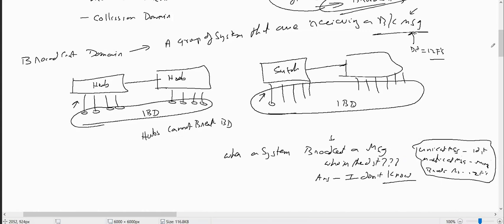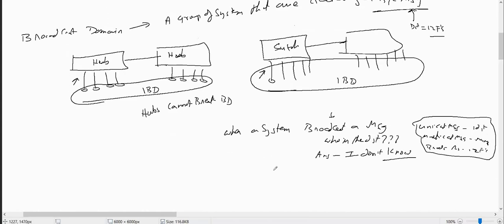Now listen to the second question. That will give you clarity to the first one and the second. When a system sends a broadcast message, who is the destination? Can you answer this?